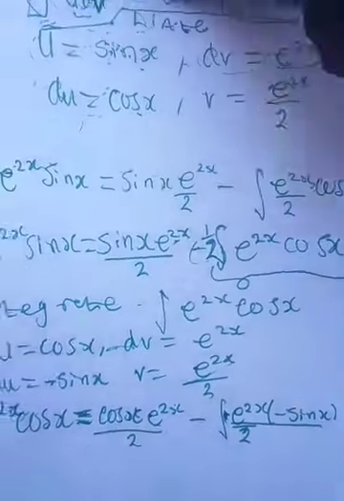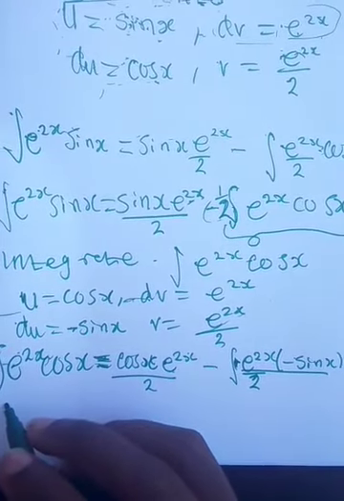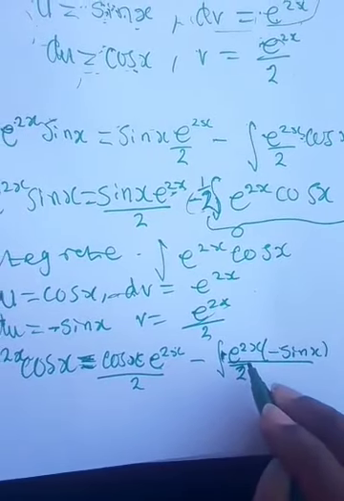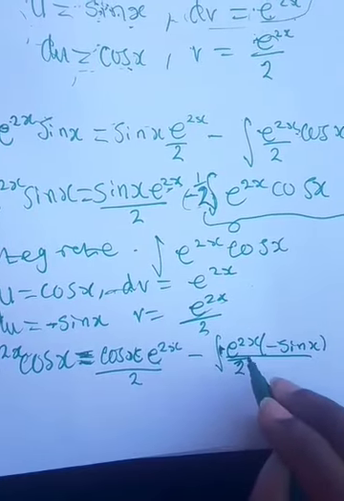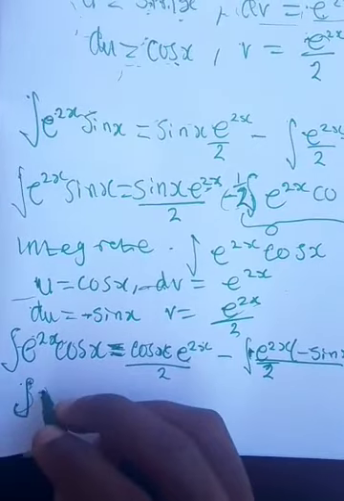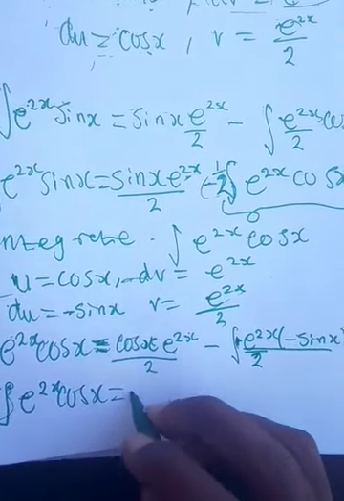Okay, and then now what we're going to do is that I'm going to simplify this one a little bit, let me show you. Let me write it properly down. e to x cos x is equal to cos x, we've written cos x, right?